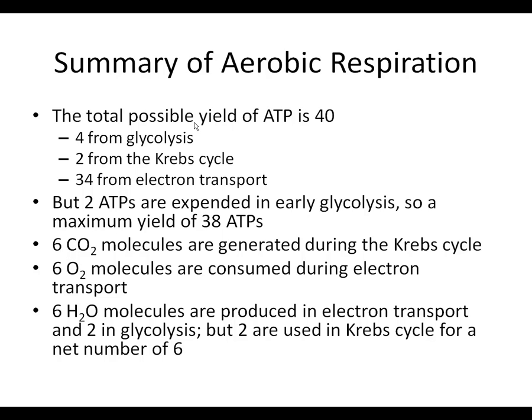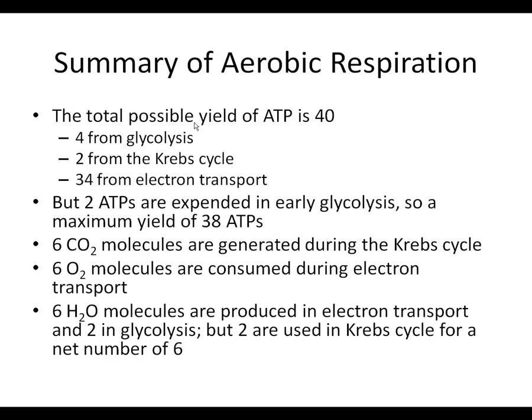6 oxygen molecules were consumed during the electron transport chain. 6 molecules of H2O, or 6 molecules of water, were produced in the electron transport chain. 2 in glycolysis, but 2 were used in the Krebs cycle for a net of 6 molecules of water.